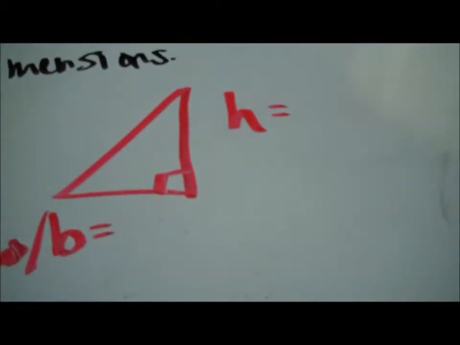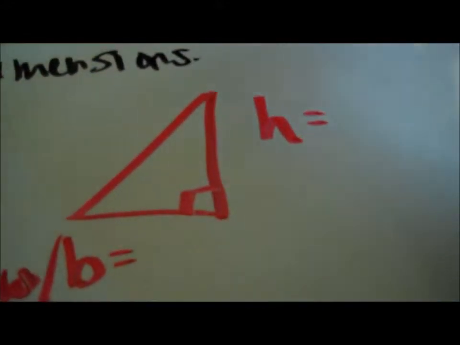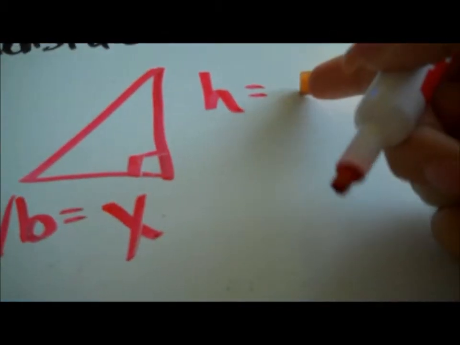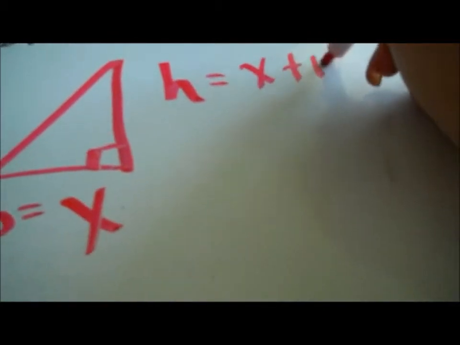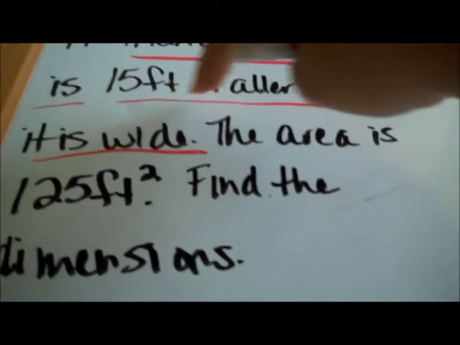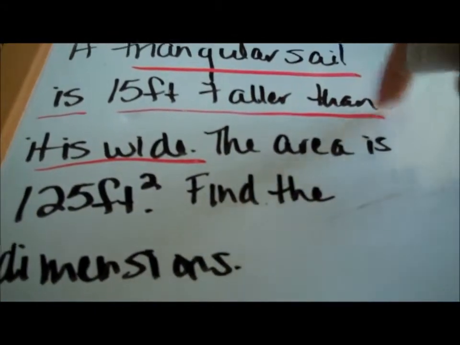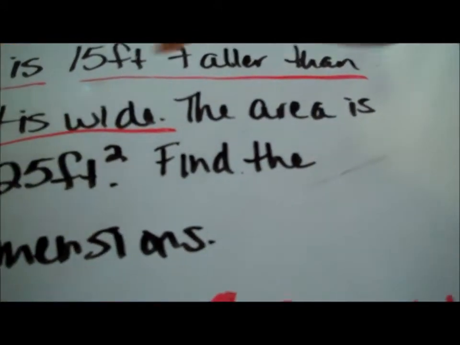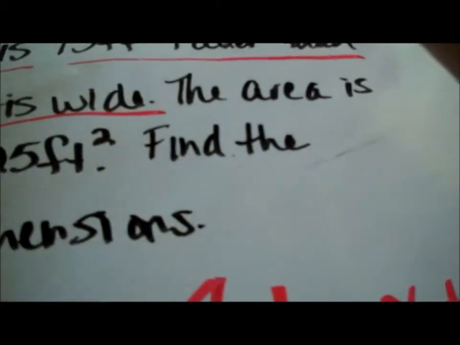Okay, so again, 15 feet taller than it is wide. So the height is referring to the base or the width here. So that means that this is our x, and that this is x plus 15, because 15 feet taller than is the same thing as saying more than, so therefore this is the width plus 15.